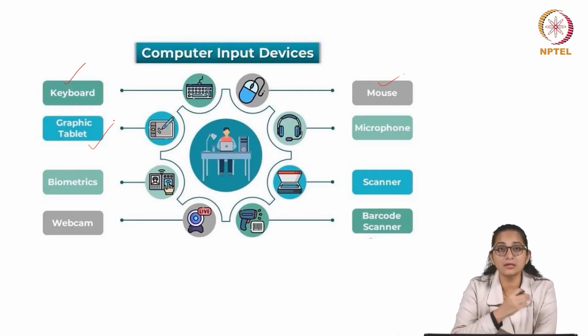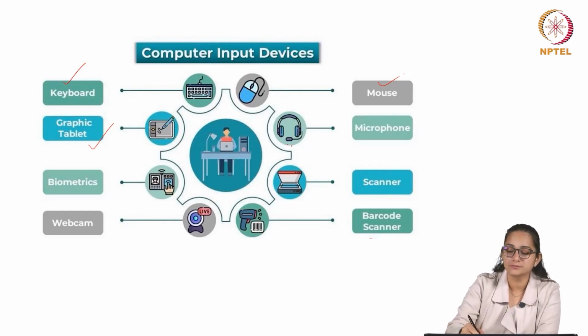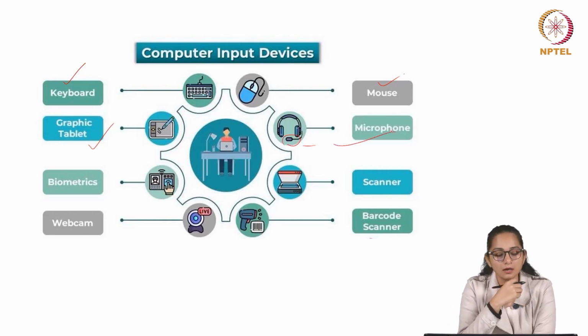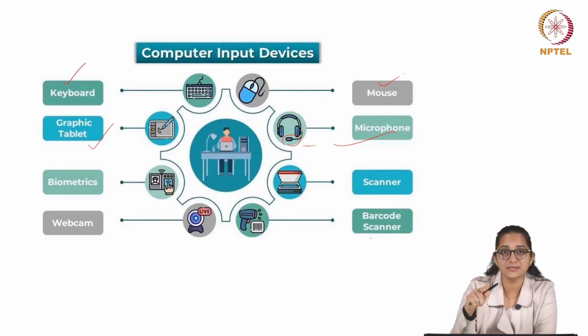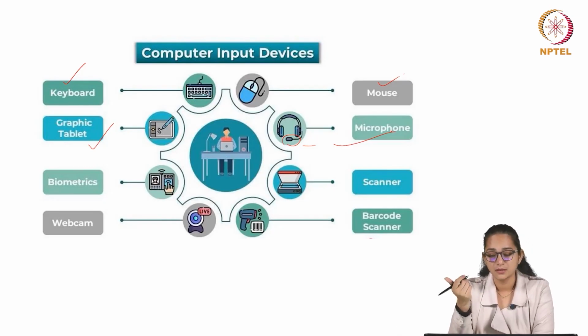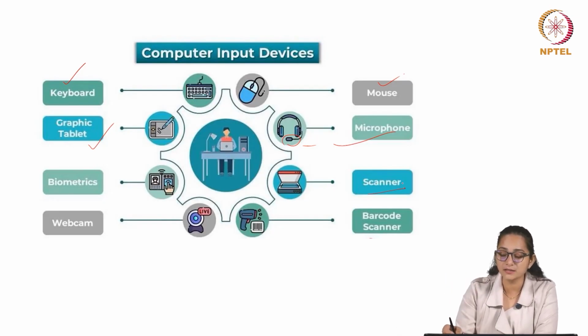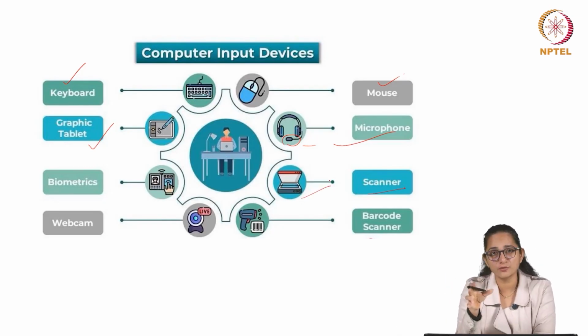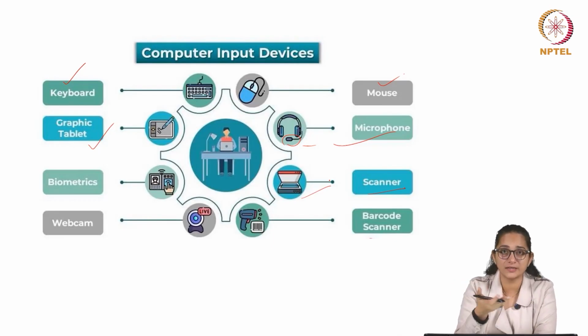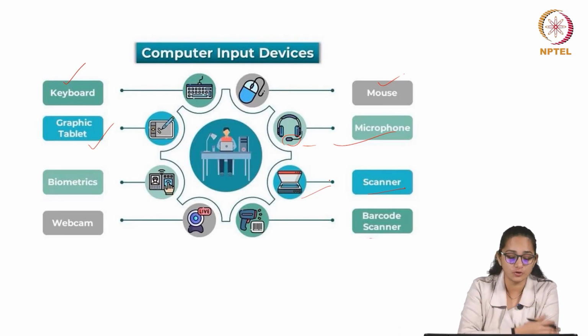Then there can be mic which captures your audio, biometric systems which can actually scan your fingerprints or other iris related things. There can be scanners which is part of your printers where it is almost like clicking a photograph of your paper or your document.